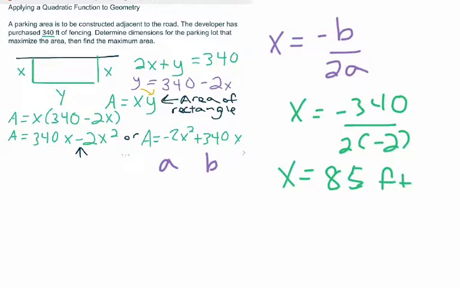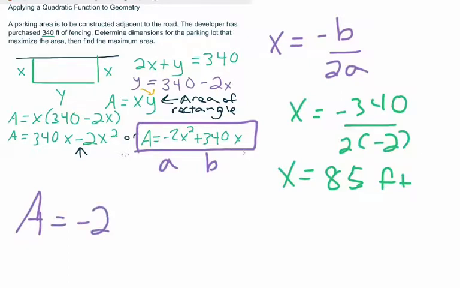To find the length, we need to first figure out the area. So since area is equal to x times y, and we modified our formula so that it represented a more traditional quadratic function, a equals negative 2 times 85 squared plus 340 times 85.